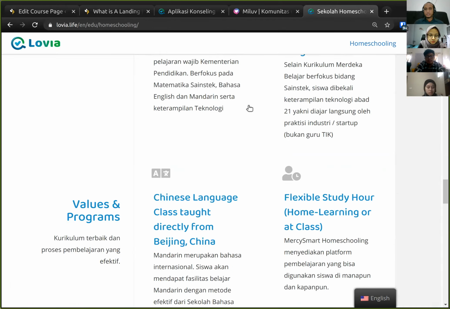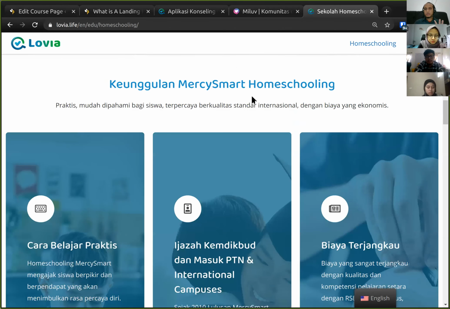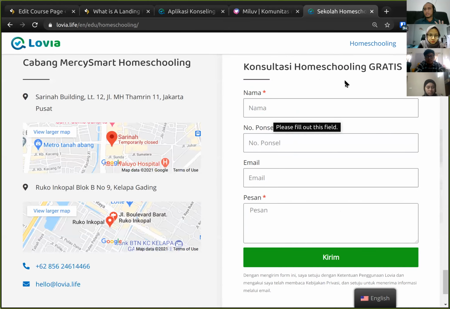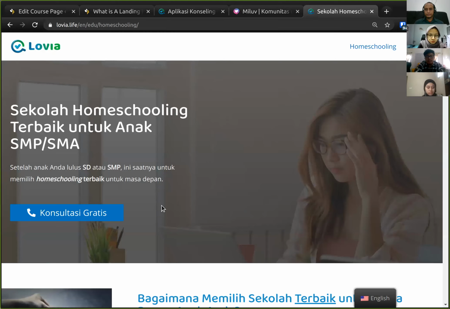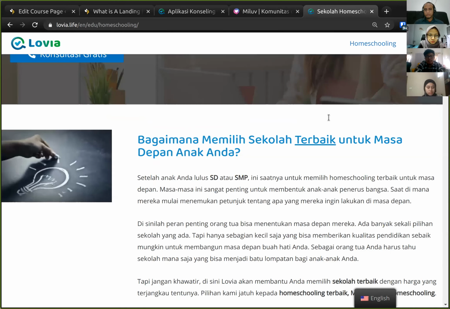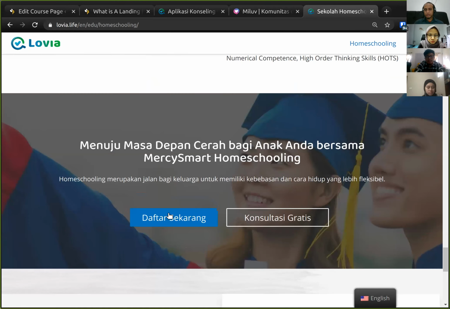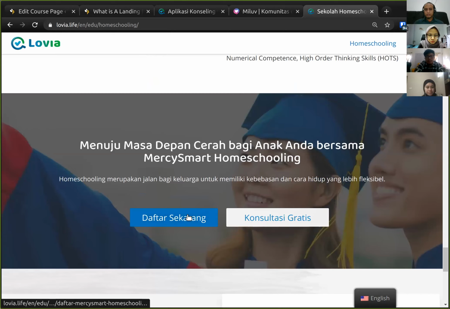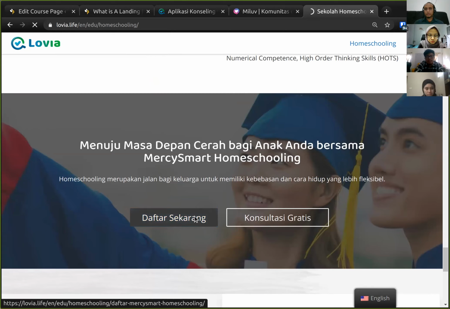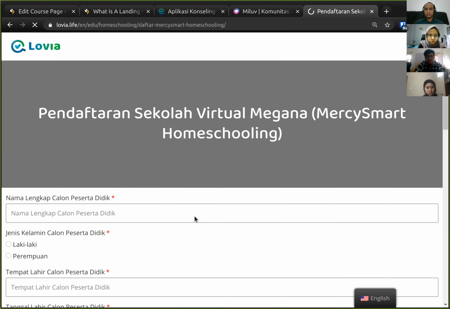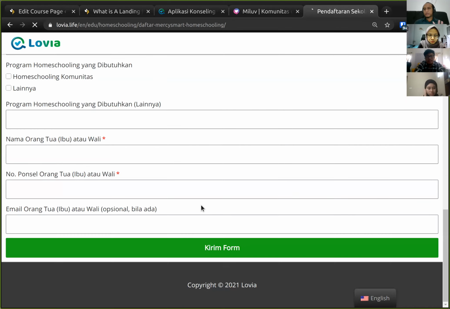So if it's a purchase button, there is no purchase button here, but there is a consultation here. Actually, there is a purchase button that is daftar here. So there are two buttons, and the other button is going to a form where the user can actually fill the form.